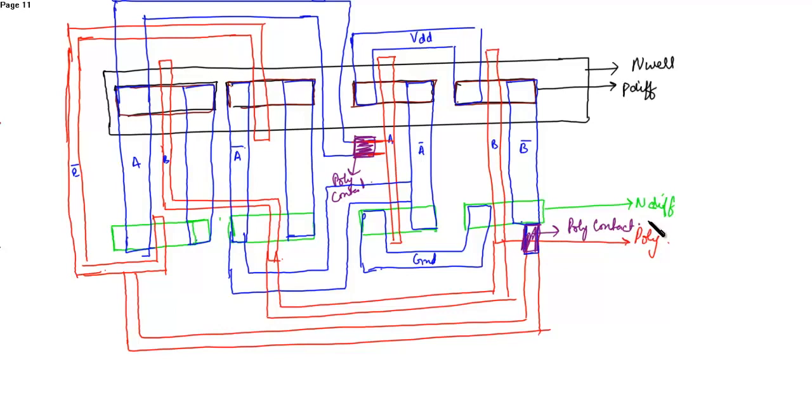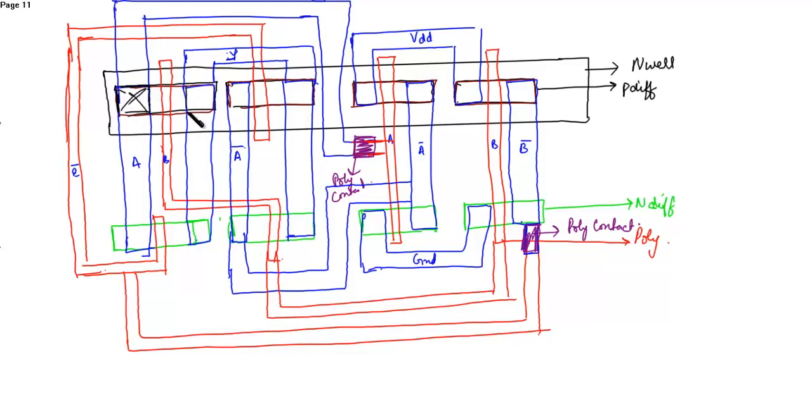Then the drain terminal is left out, where the two drain terminals are shorted. Here is the output Y. This is the output Y. Then you have to place the contacts.